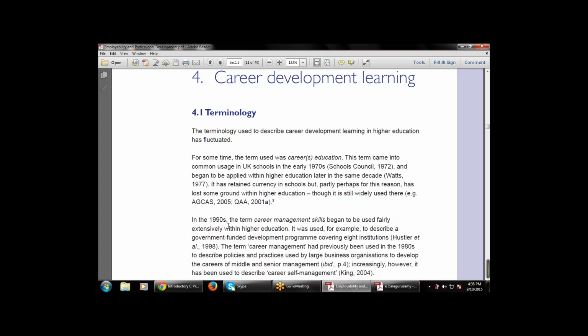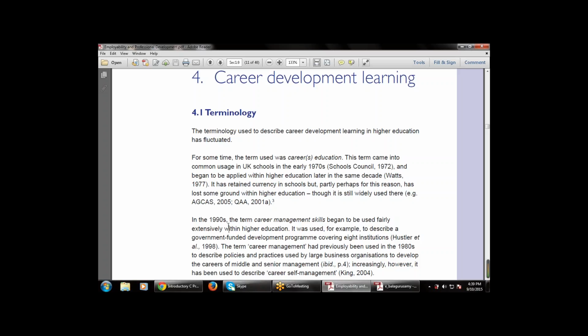The term career development had previously been used in the 1980s to describe policies and practices used by large business organizations to develop the careers of middle and senior management, organizations in which there are more employees available.